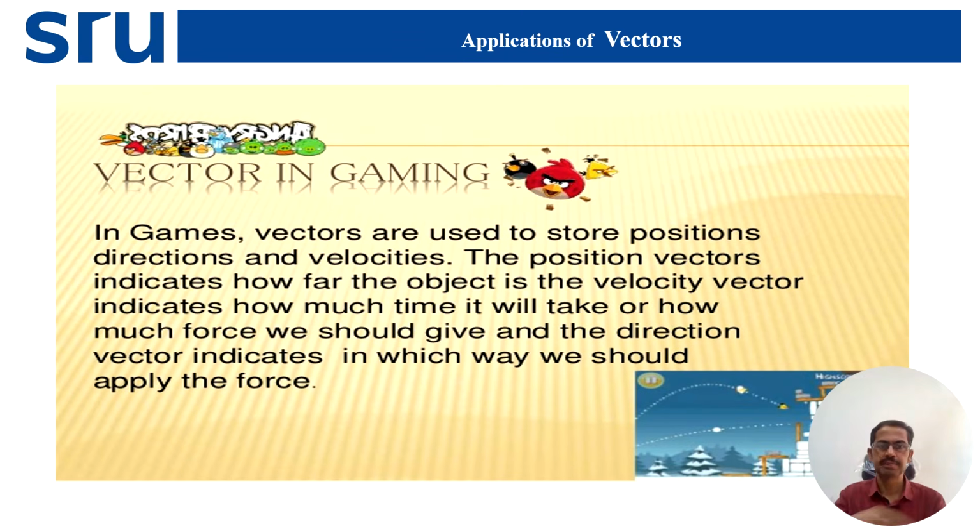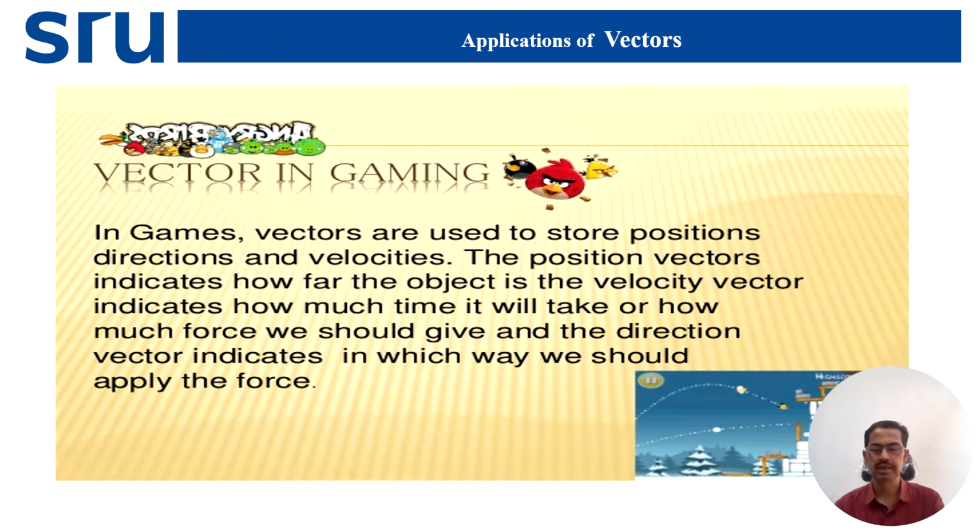And next, vectors in gaming theory. We have seen a number of video games. Right? Position, direction and velocities. The position vector indicates how far the object is.